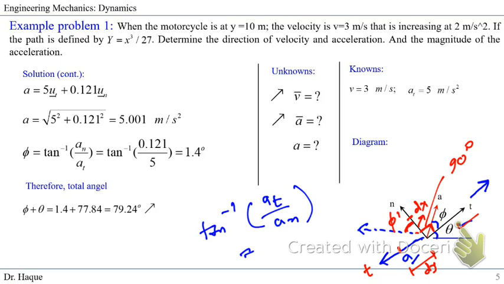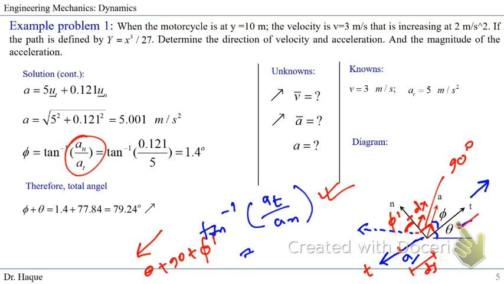So if my motion was downward, and if I take a_t over a_n instead of a_n over a_t, my angle would be theta plus 90 degrees plus phi 1, which would be this one, and minus 180 to find the angle.